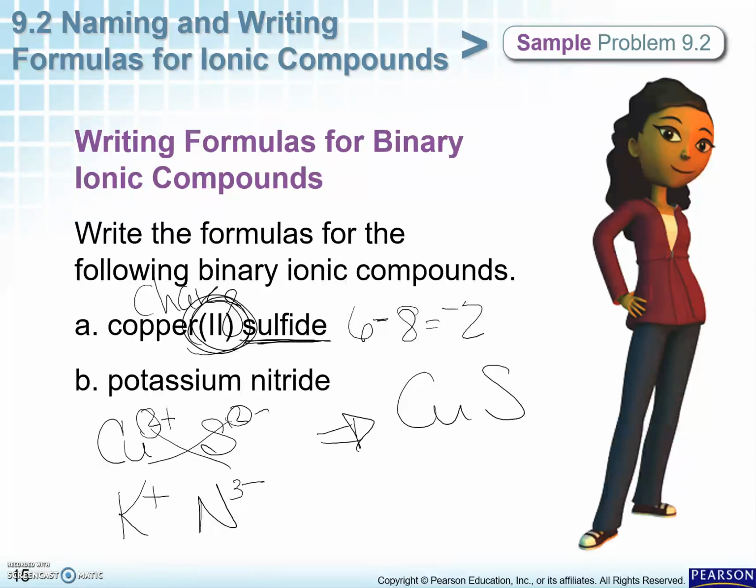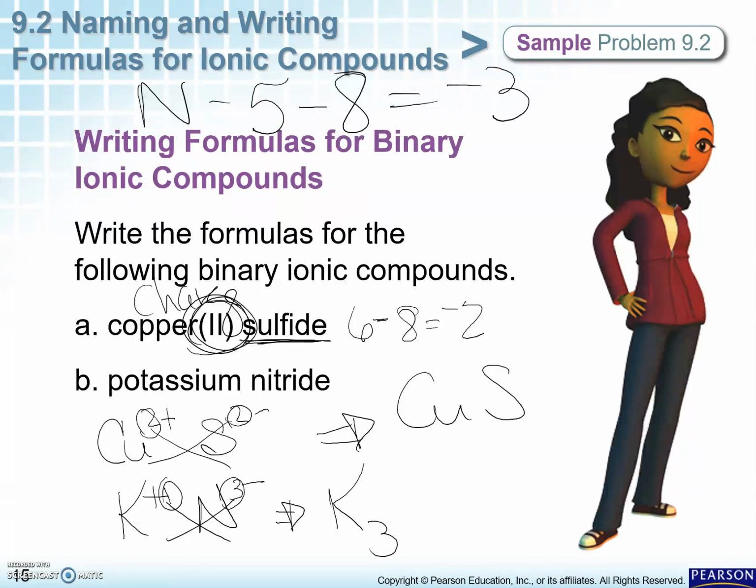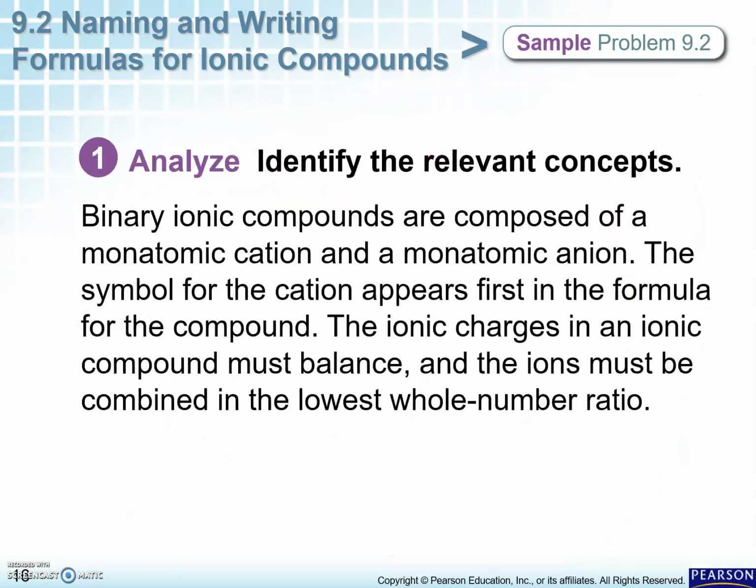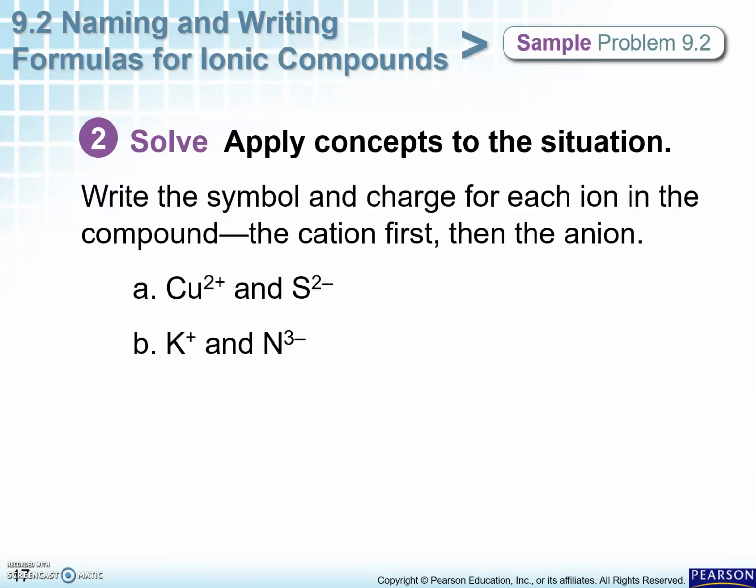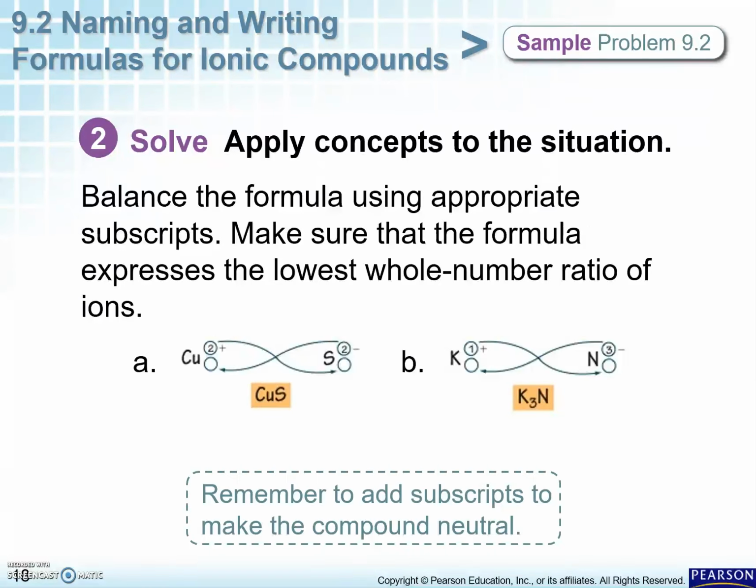Now we're going to grab each number, cross drop down, and that's going to give us K3N. And with that, we don't need to reduce because you can't reduce to any whole number ratio. And again, this is always going to be drawn out in your notes as well so that you can follow along in a little bit neater of a manner if you need to.